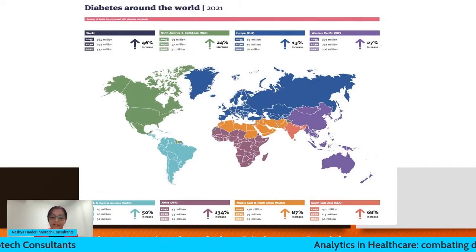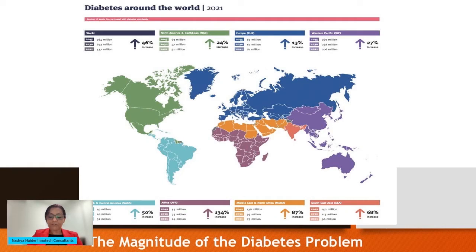An estimated 45% of adults living with diabetes are undiagnosed. And over 4 in 5 of these people live in low and middle income countries. Diabetes was responsible for an estimated $966 billion health expenditure in 2021 alone.